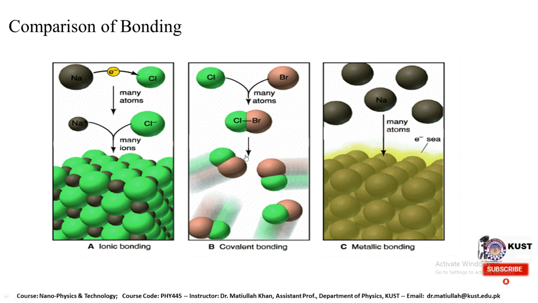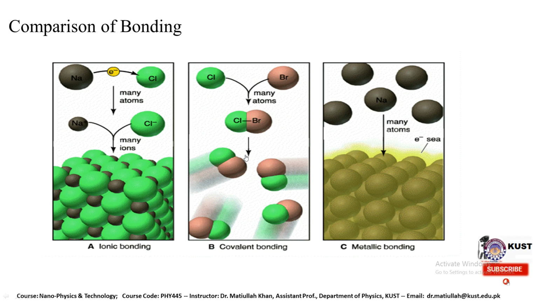The third type of bonding is metallic bonding, where the bonding occurs between the ions and the electrons. Electrons are present inside the metal, and they can move easily inside the metal, but they cannot leave the metal by themselves.